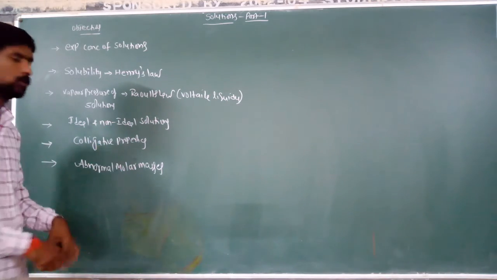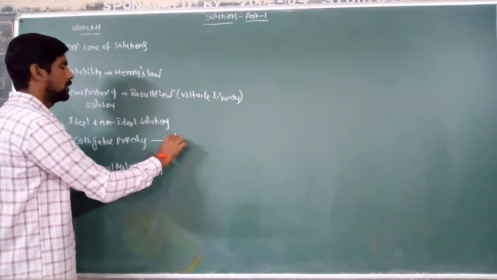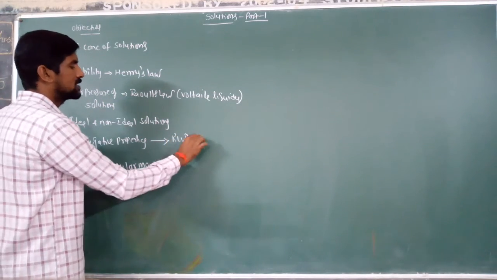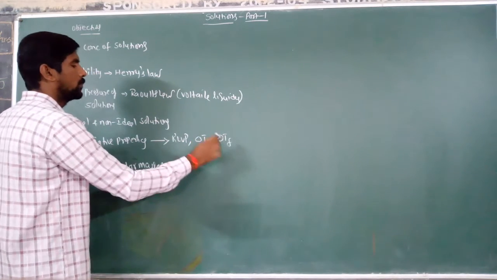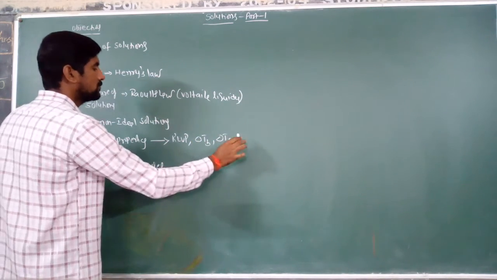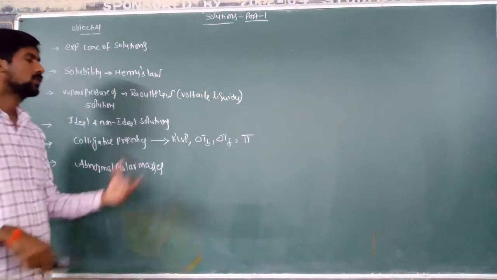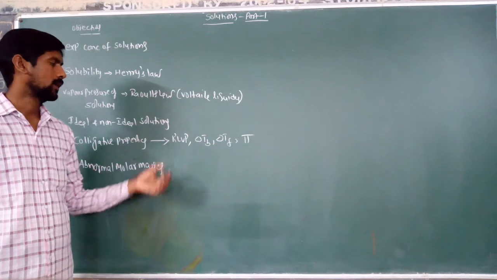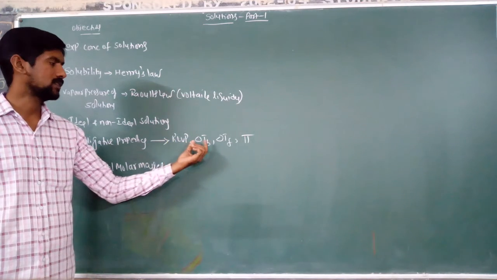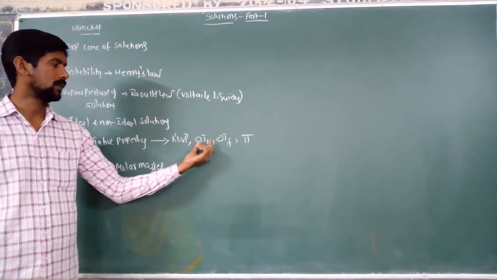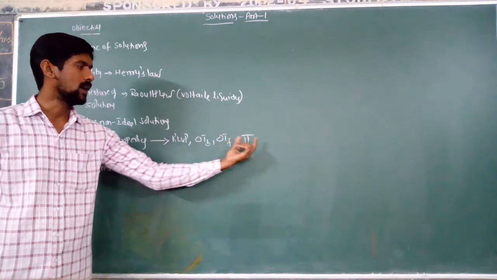Fifth one, colligative properties: relative lowering of vapor pressure, elevation in boiling point, depression in freezing point, and osmotic pressure.